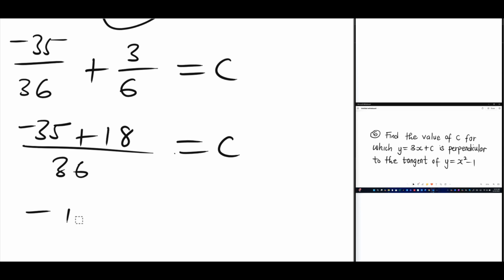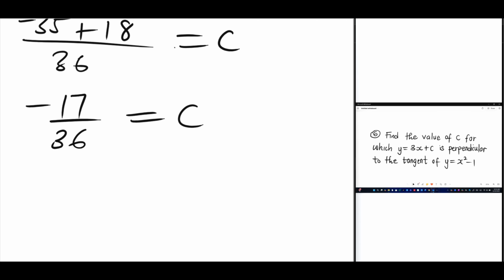You get negative 17 divided by 36 to be the value of c, because negative 35 plus 18 gives negative 17 out of 36. So therefore, c is equal to negative 17 divided by 36.